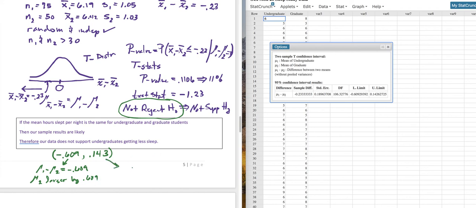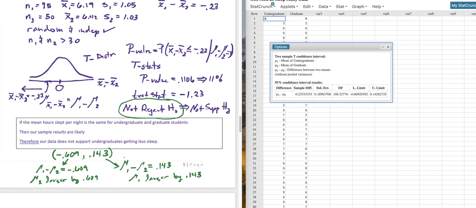On the other hand, on our right-hand endpoint, mu1 minus mu2 is equal to 0.143. So this now tells us that mu1 is larger than mu2 by an amount of 0.143. So now the mean amount of sleep for undergraduates is bigger by a little over a tenth of an hour, so not very much.